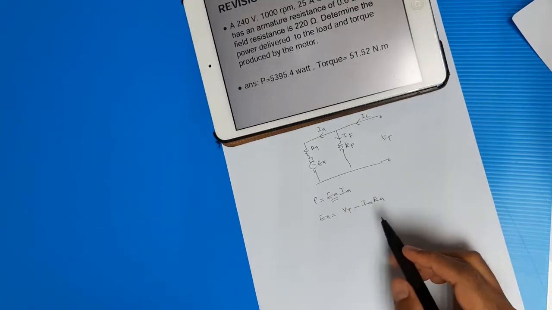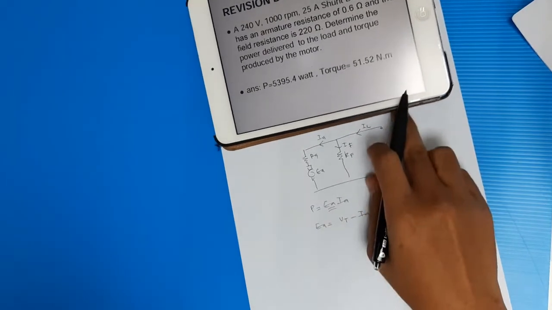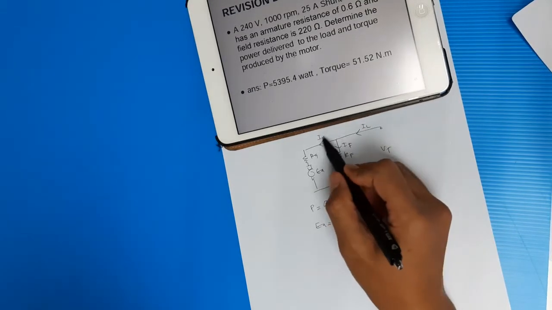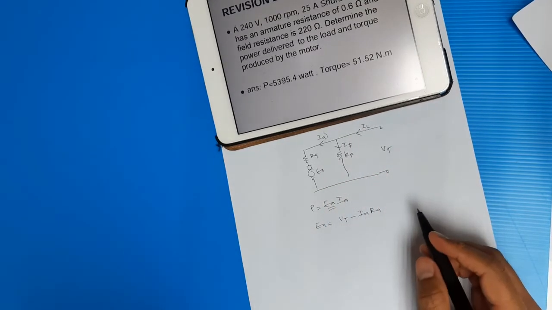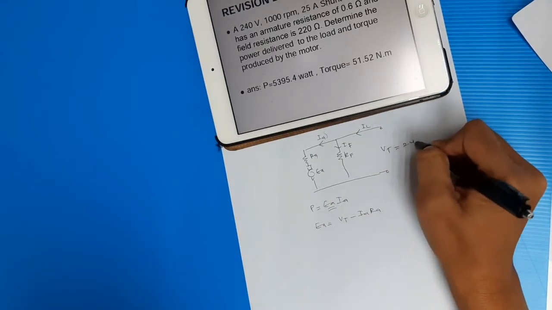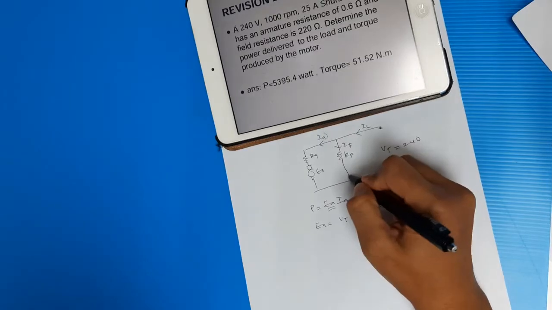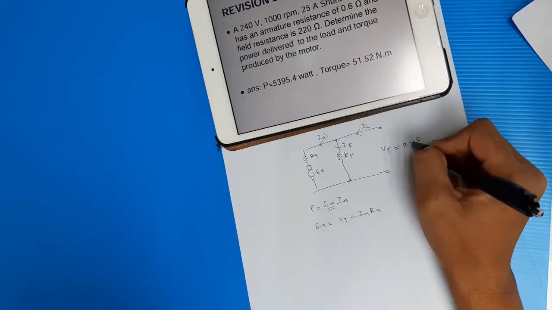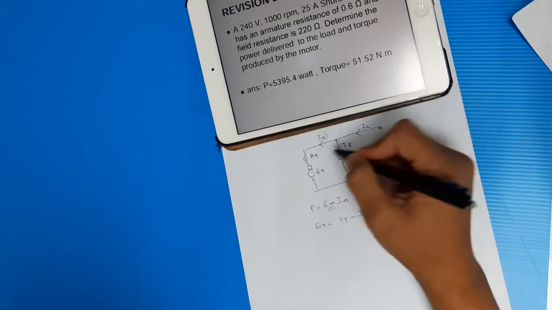Okay, but for this question, IA is not similar to IL. So you have to find the value for IA. How to find it? Because VT is 240, which is parallel with RF, the voltage across RF is also 240. So you can determine IF.